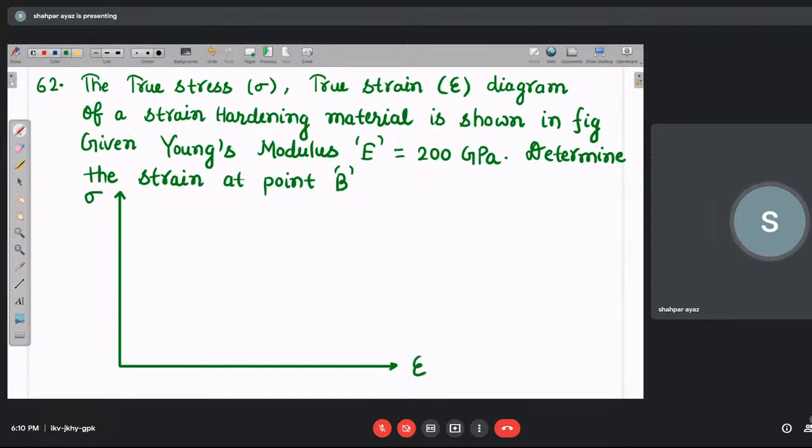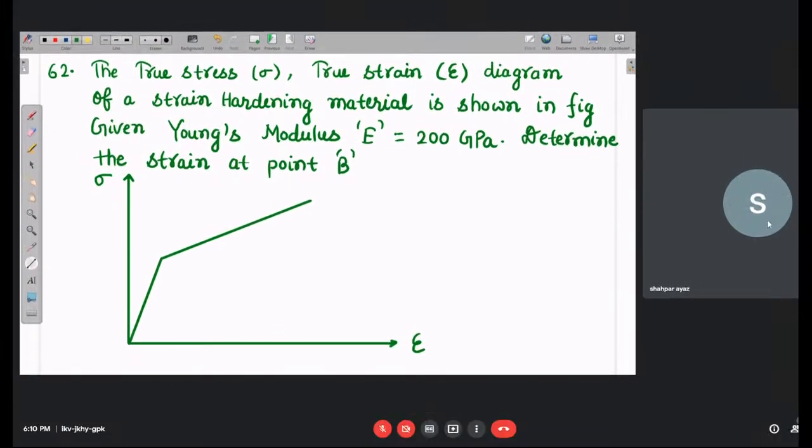Now see, the diagram is given like this. But it is unloaded here like this.